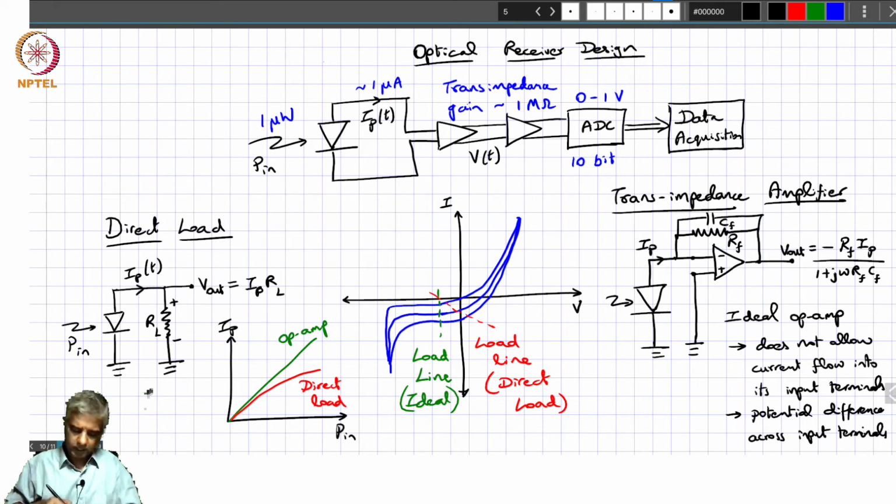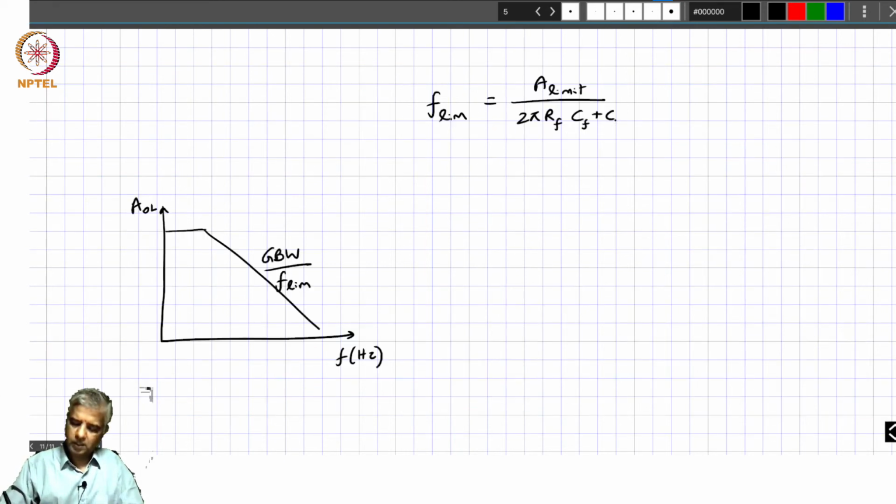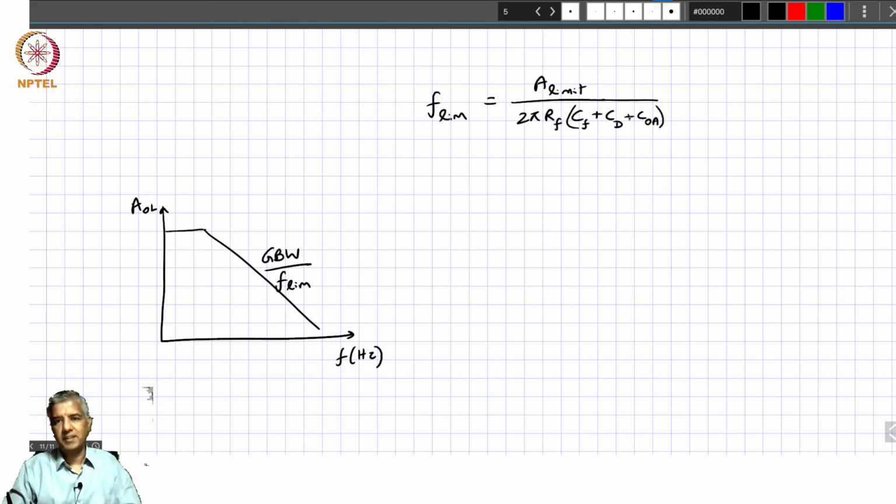So you can have multiple terms over here: CF plus CD plus COA, and you could maybe even add other parasitic capacitance because of the traces in your printed circuit board. That's the expression for the f limit.